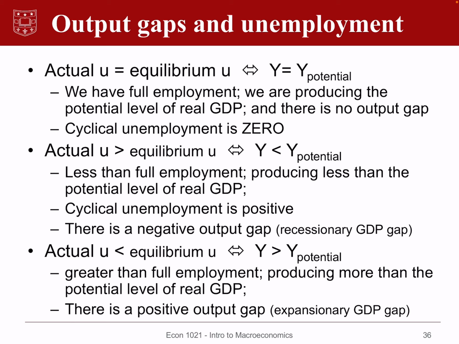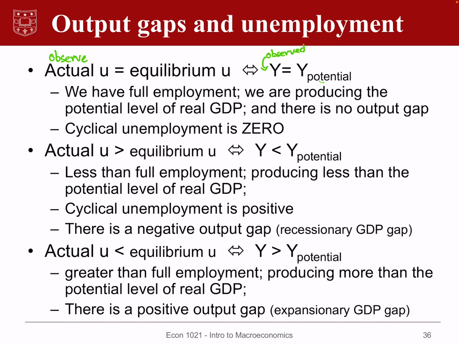So if we observe an unemployment rate that we think of as being consistent with frictional and structural unemployment, or the equilibrium unemployment level, then we are also saying that we have full employment, so that our observed level of gross domestic product is the one that we would think of as being consistent with potential or full employment. So by actual here, again, what I mean is suppose we just go out and we observe an unemployment rate.